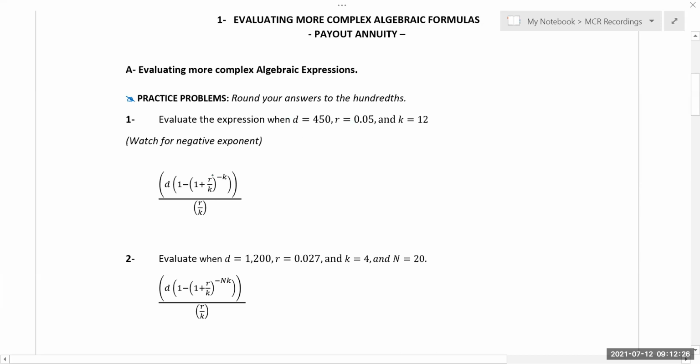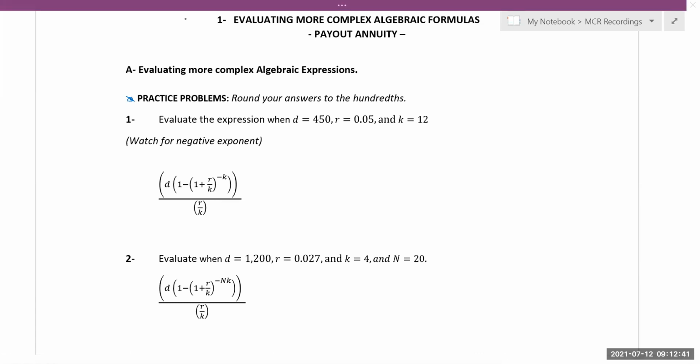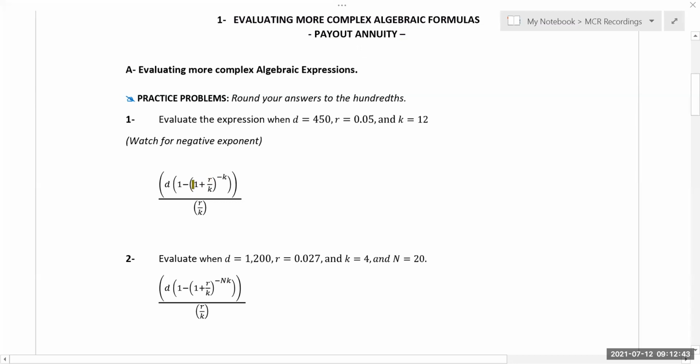Again, we go order of operations. We go PEMDAS. So we go inner parentheses, then exponents, working your way out. Everything in the top gets done before everything on the bottom. Think of those as two separate sets of parentheses. What we're going to first do is plug in all the numbers, and we're going to do the inside parentheses.